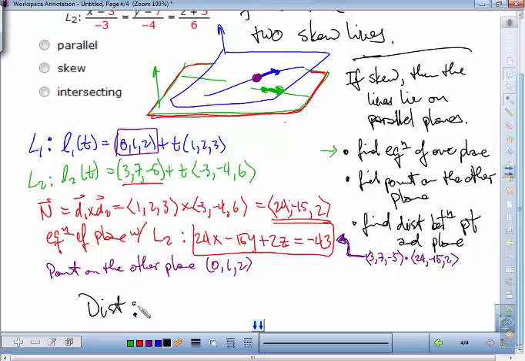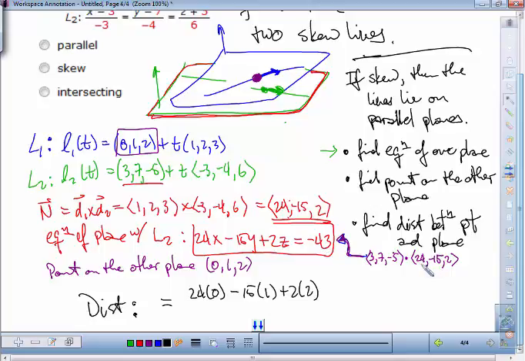Distance is equal to, how's it go again? It's 24 times 0 plus, I guess that's a minus 15 times 1 plus 2 times 2.